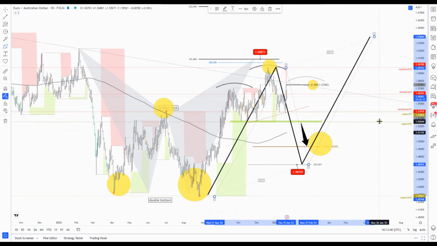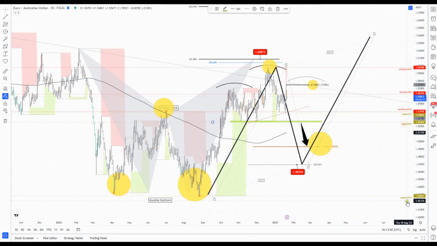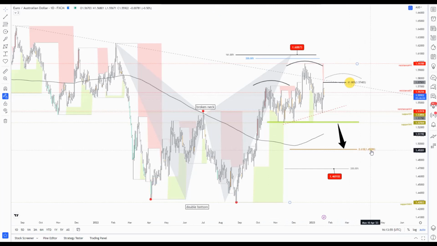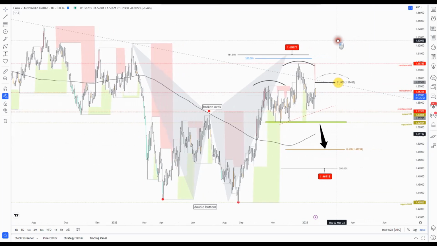So let's pay attention to a clear violation of the weekly fractal support 152.56, and then later the eventual pullback to the golden Fibonacci level, which is now projected at 49.30, let's say. Okay, if the price pulls back to this price zone again.